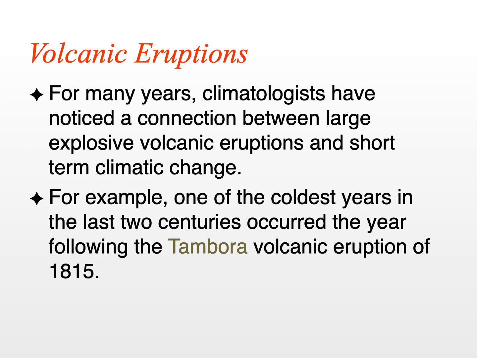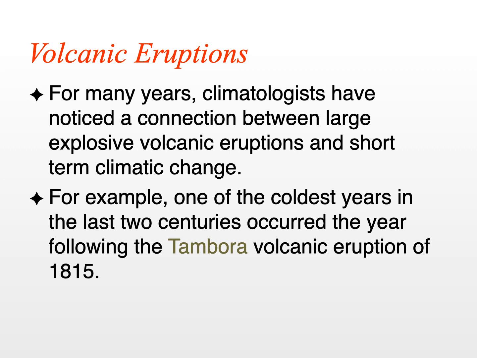For example, the Mount Tambora eruption in 1815 caused cold weather to occur in 1816 and 1817, and 1816 was actually known in the U.S. as the year without a summer. The summer was short, it was poor, temperatures were cold, crops didn't do well that year.